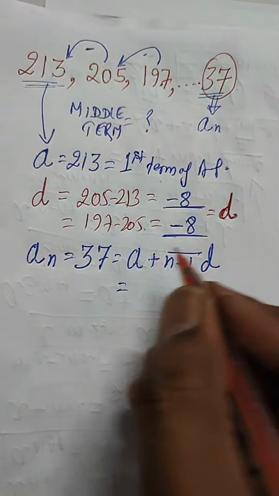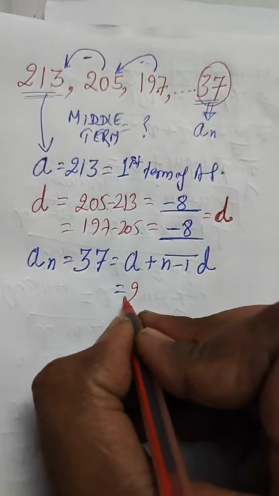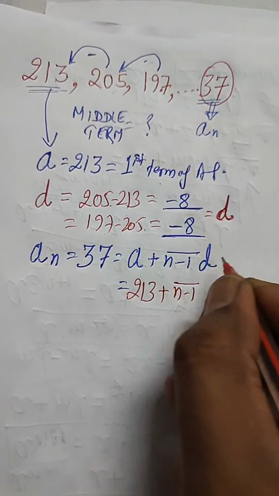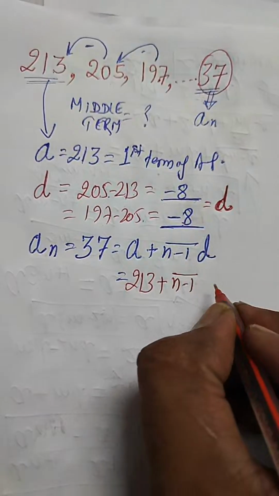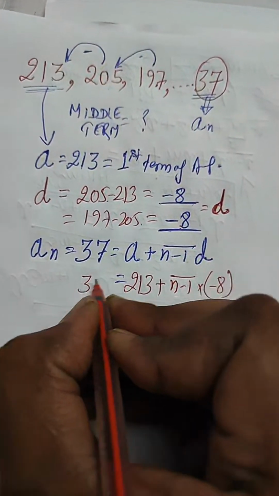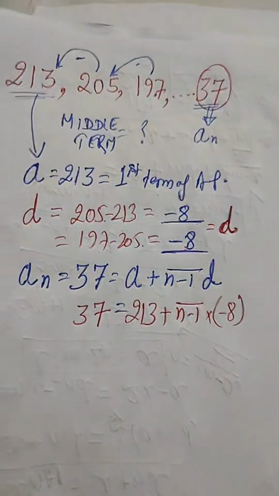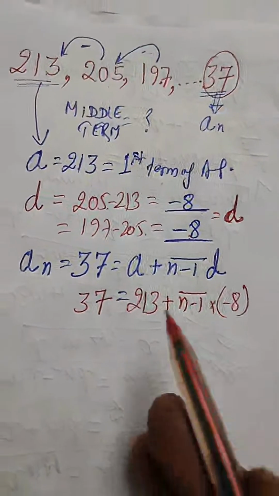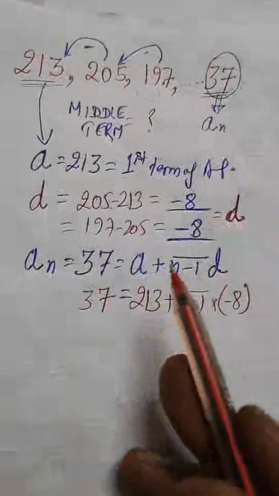So putting the value of A as 213 and n minus 1 as it is, and the value of D as minus 8, we can calculate the value of n. What is the significance of n? N reflects the total number of terms.